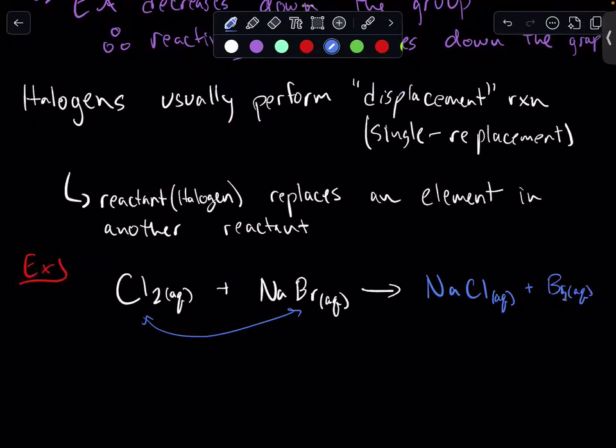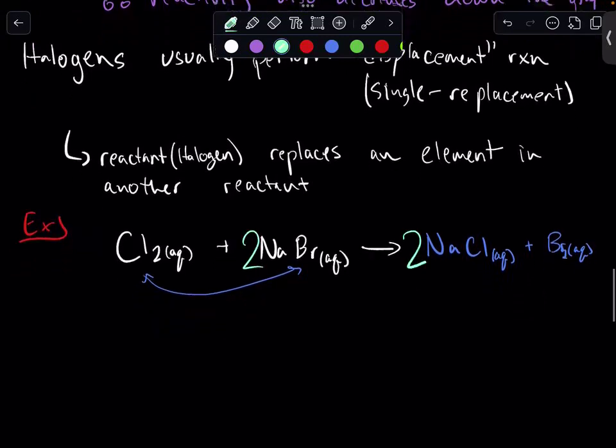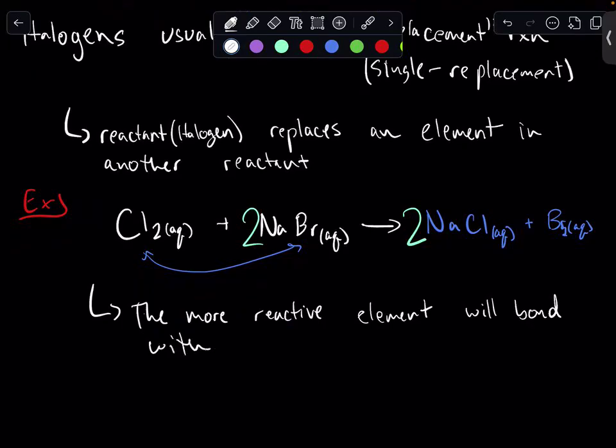And it's diatomic, so it's Br2. We just have to do a little balancing just to fill this out, a little two there and a two there, and we're all good. This is what we know as our single replacement or a displacement reaction. So the more reactive element will bond with the cation.